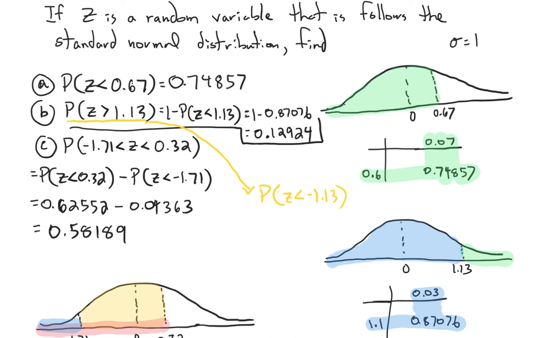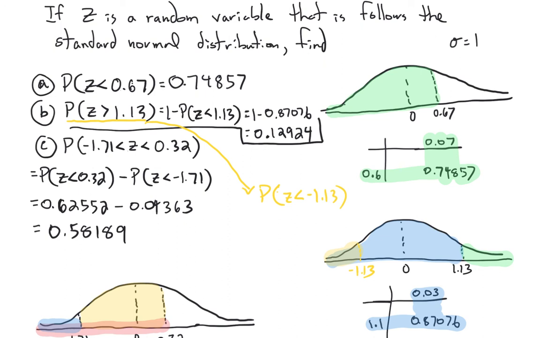That would be the mirror image. That would be this area that I'm highlighting in yellow now. That's the mirror image of the area to the right of positive 1.13, since this distribution is symmetric about the mean. So that gives you another way of calculating that as well.